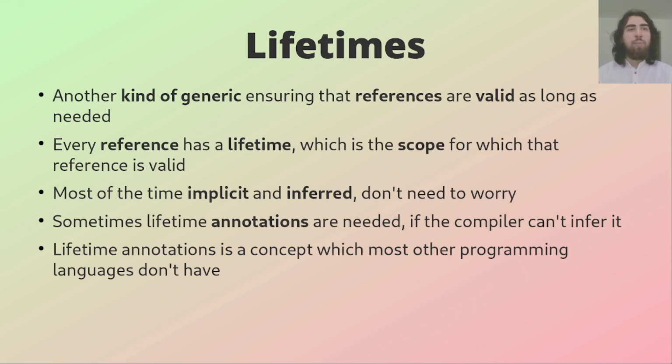Sometimes though, lifetime annotations are needed, and that's the case if the compiler can't infer it. Lifetime annotations are a concept which most other programming languages don't have. So even for experienced programmers, this sometimes looks a little confusing, but in actuality, it's a very simple concept and you will understand it very quickly.